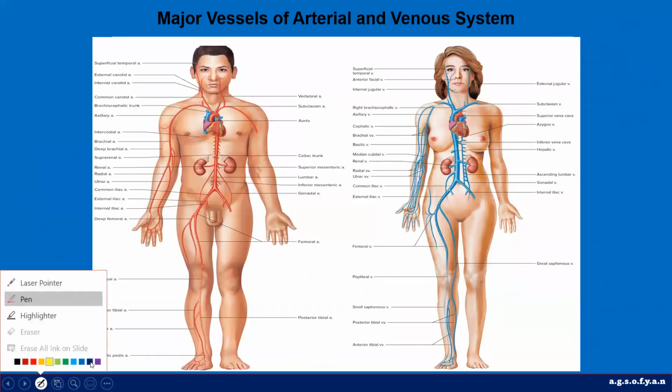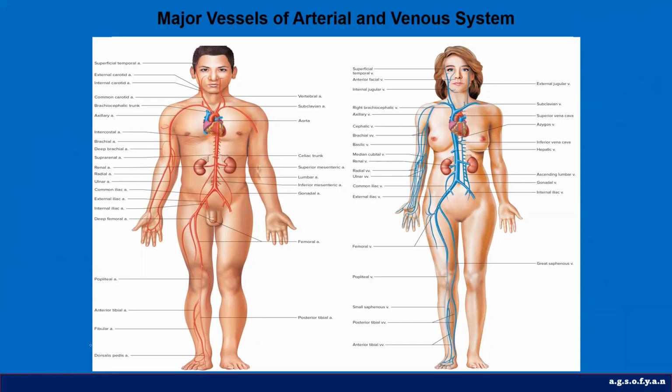Okay, if you see these diagrams, the left one is the arterial side, which is the systemic circuit only. So this is the arterial blood vessel.